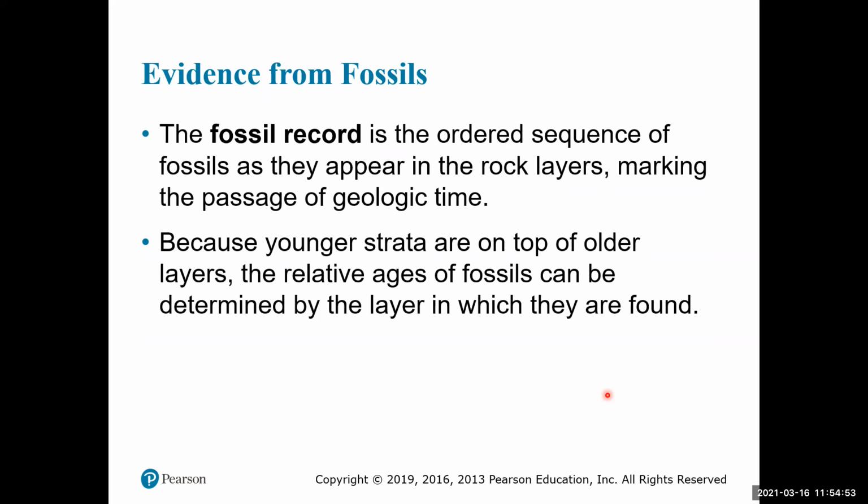And the way the layering and the deposition of sediments work is that older sediments get covered up by new sediments. And so that means the youngest layers are always at the top of the formation, and the oldest layers are always found deeper underneath the formation.